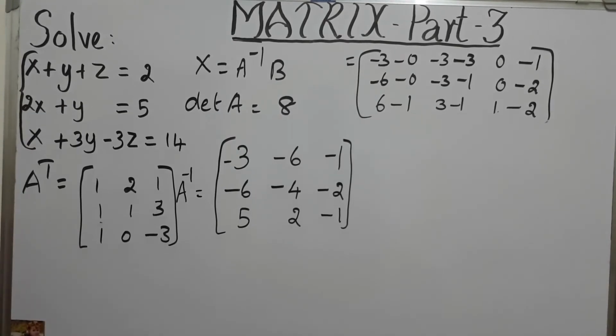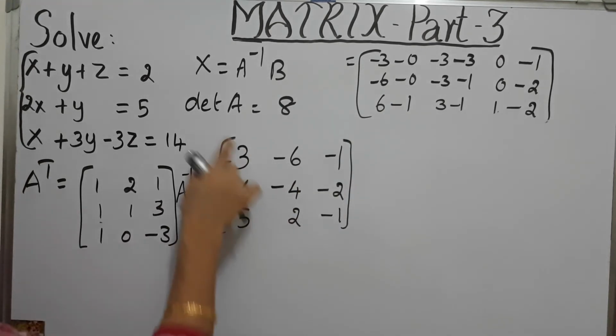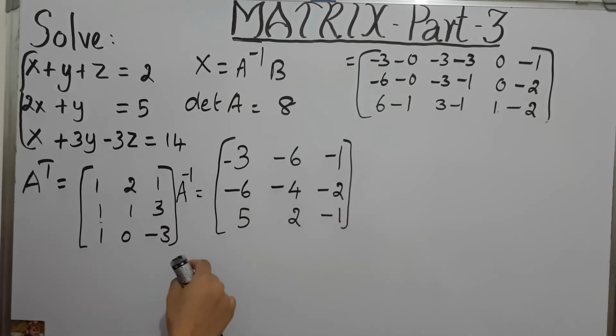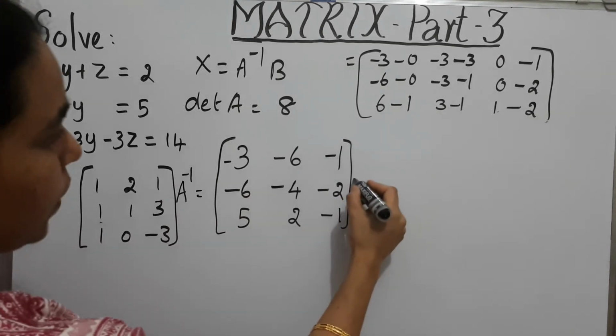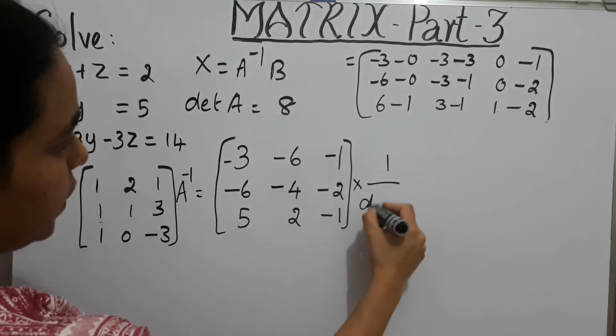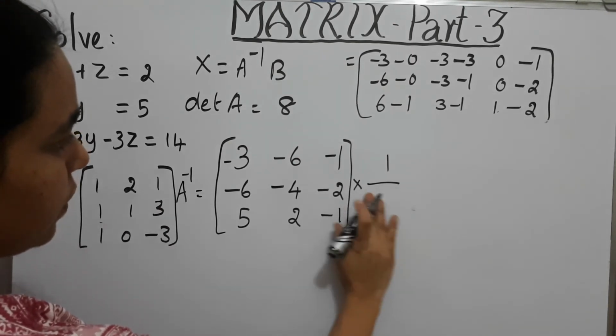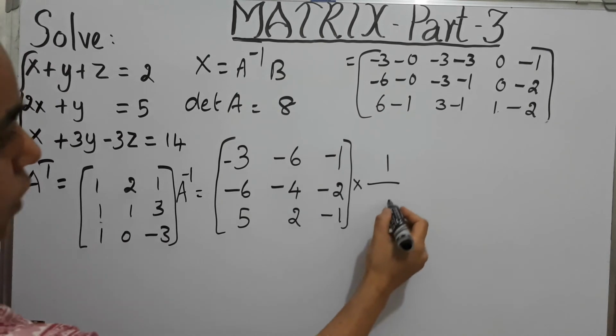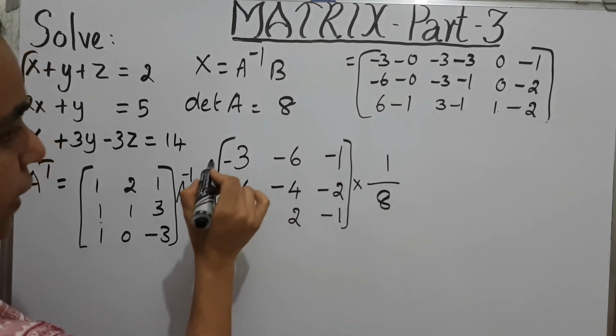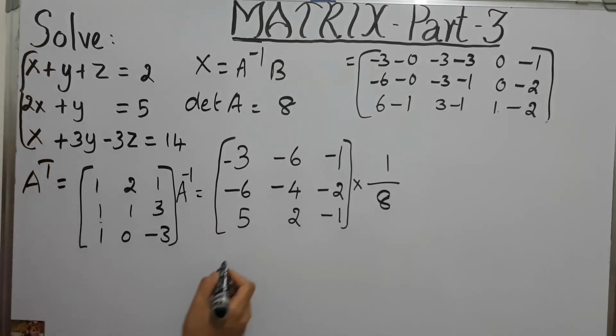Now to find A inverse, you have to multiply the rearranged matrix with 1 over determinant A. Determinant A is actually 8, so you have to divide each and every element inside the matrix by 8.